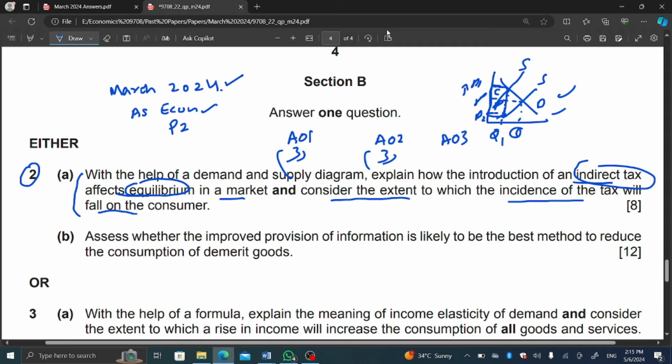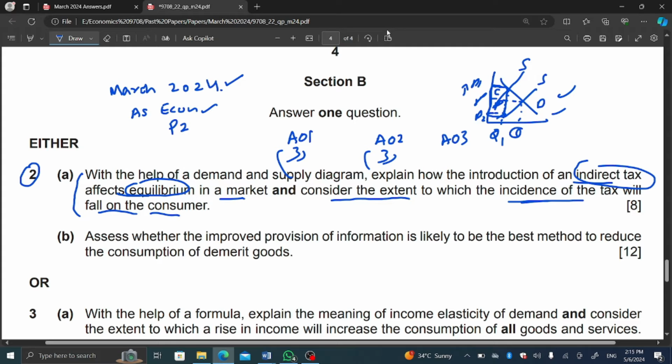So indirect tax falls on the consumer as well as the producer in this case, and then you have to explain this graph as well. And at the end you have to evaluate the incidence of tax. Incidence means tax burden. The incidence of indirect tax mainly falls on the consumer when demand is inelastic.